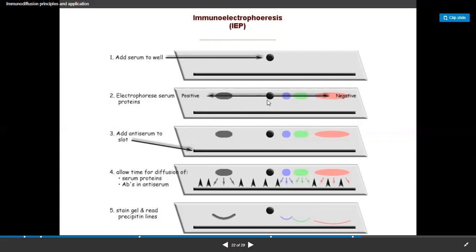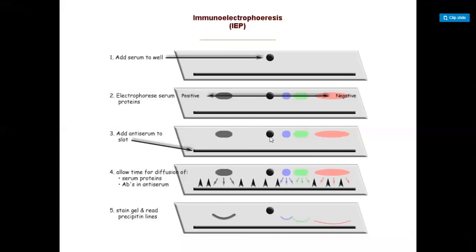After this migration, the serum containing various types of antigen will get separated. We have different ranges of antigens. These are the antigens which are separated by electrophoresis. So our one aim is complete here, that was electrophoresis.